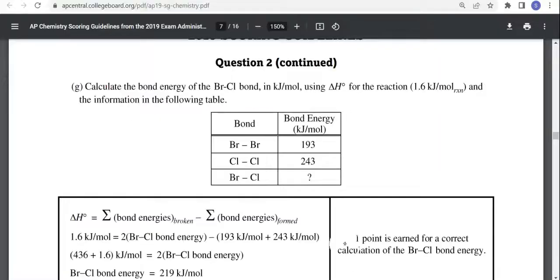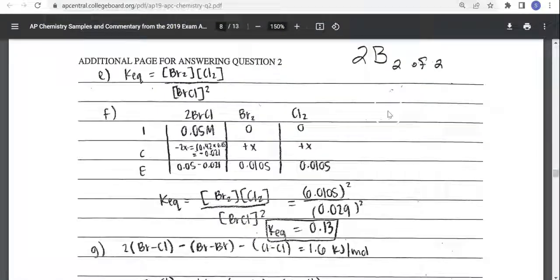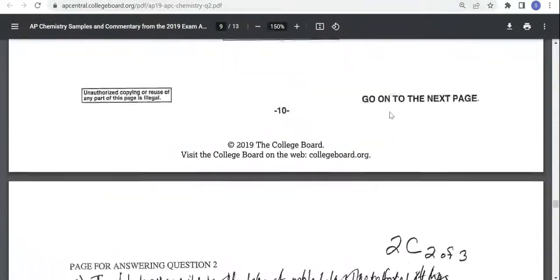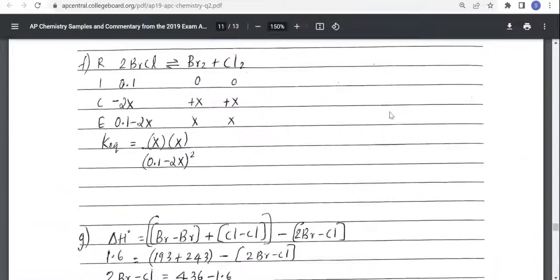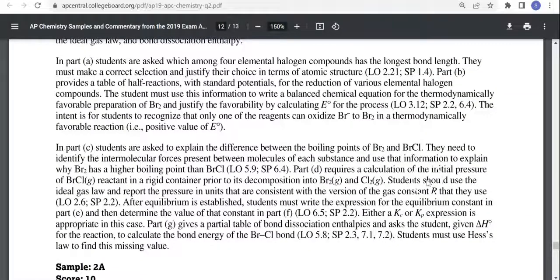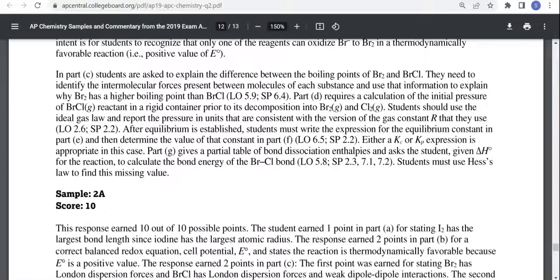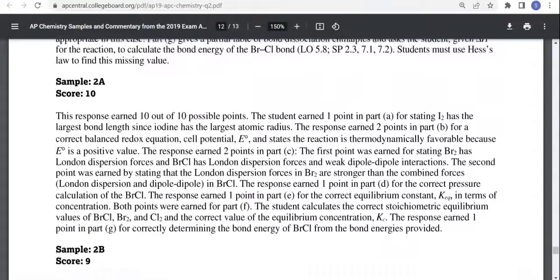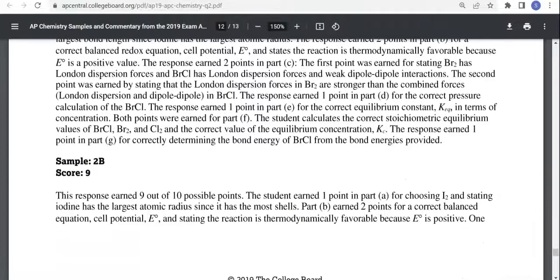So let's see what they actually received. They did. They received a 9 out of 10.